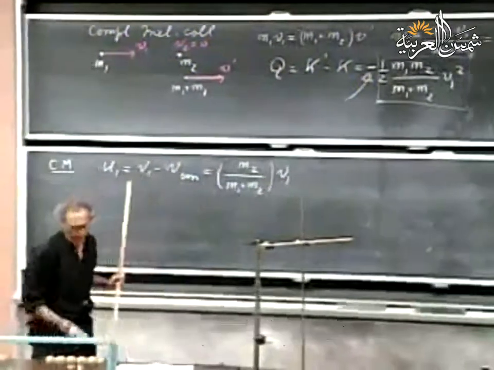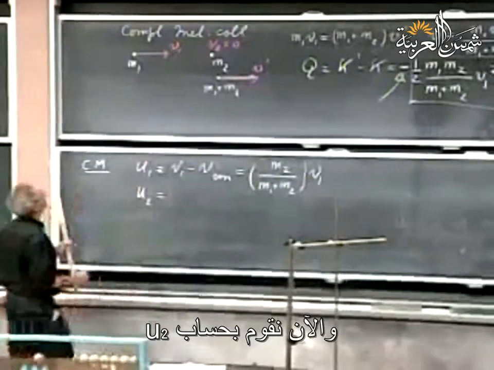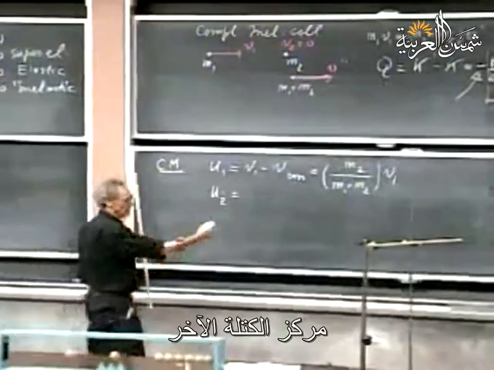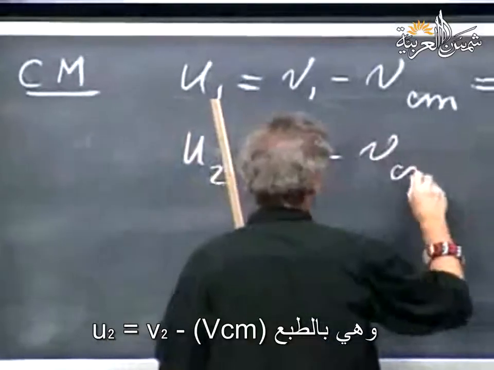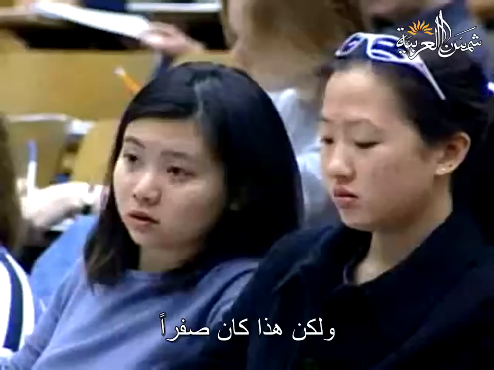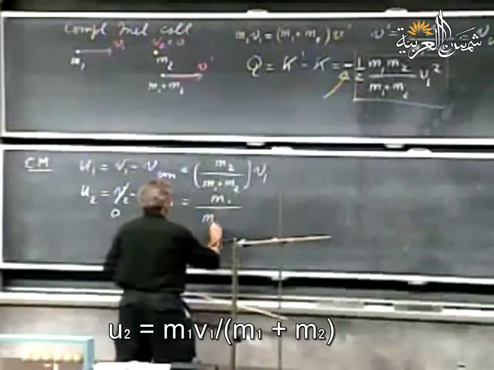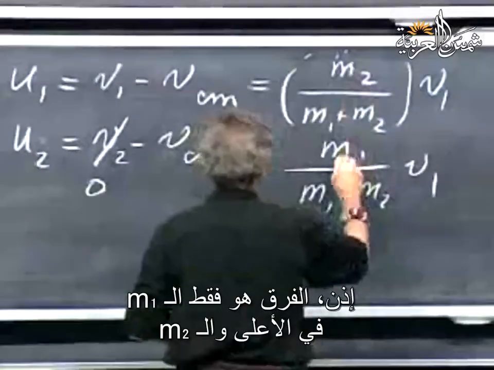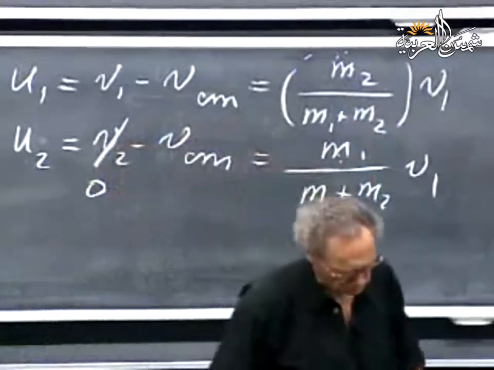And you check that, I hope. And now we go to calculate U2. We want to know what the velocity is in the center of mass frame for the other one. That, of course, is V2 minus V center of mass, but V2 was 0. It's M1 divided by M1 plus M2 times V1. So the difference is only the M1 upstairs and the M2.